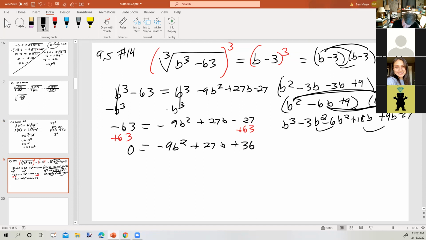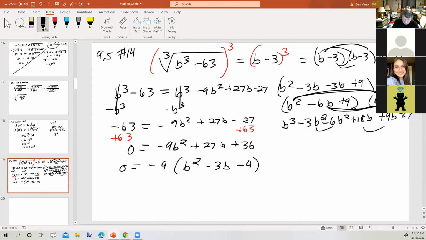Is that 36? Yeah. Now, I knew that I was going to have a negative coefficient, but I also knew I was going to be able to factor it out. So I'm going to factor out a negative 9, which is going to give me b squared minus 3b minus 4.